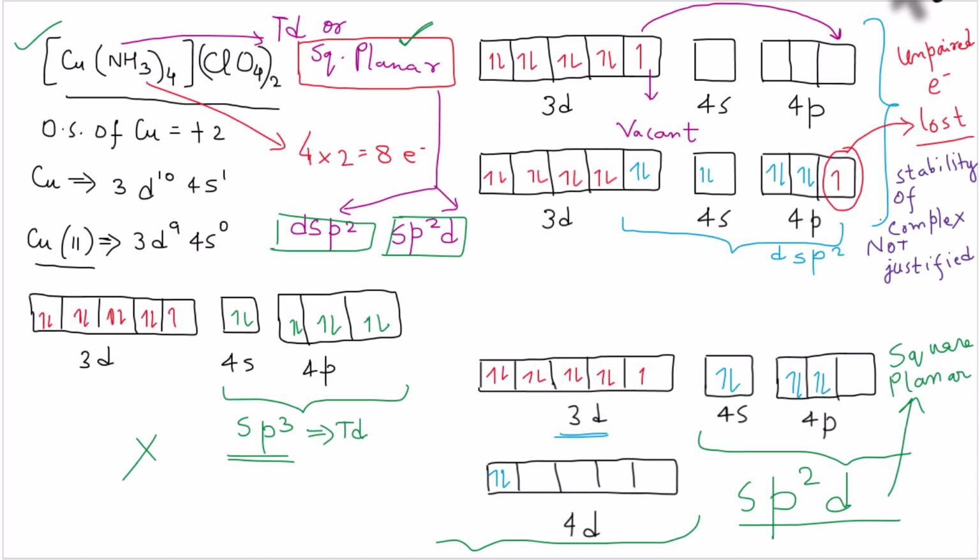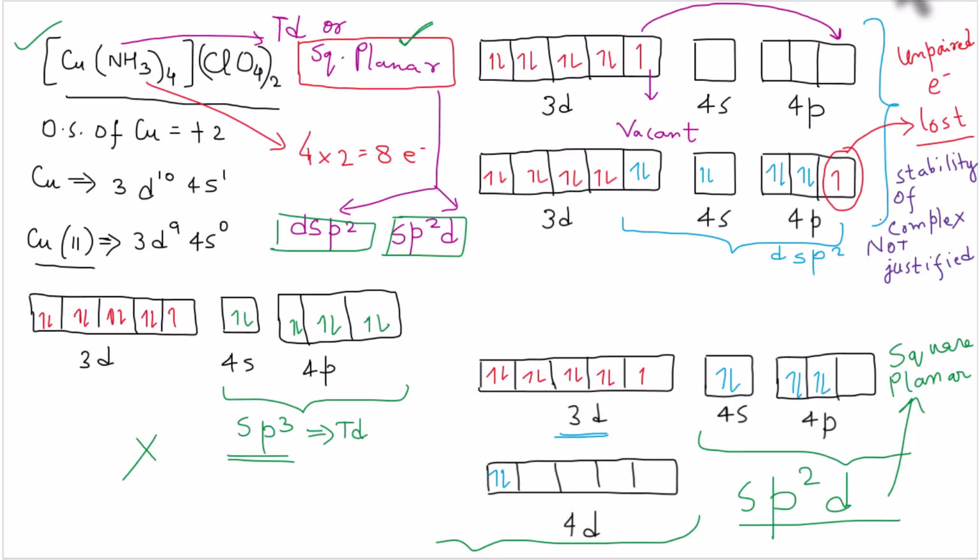So you can see all kinds of hybridizations were tried to justify the two geometries which are possible for 4 coordinated complexes in the copper +2 oxidation state. In 4 coordinated complexes, there are 2 possibilities, tetrahedral or square planar.